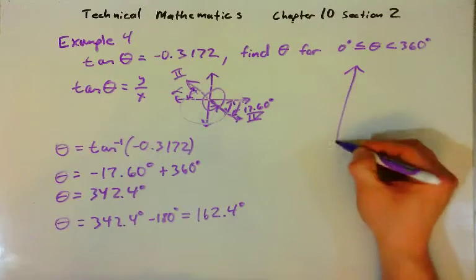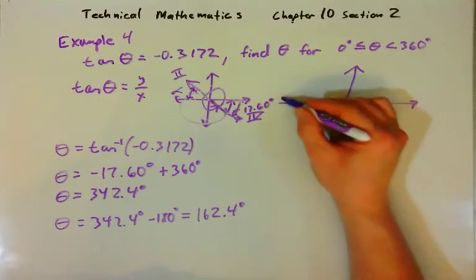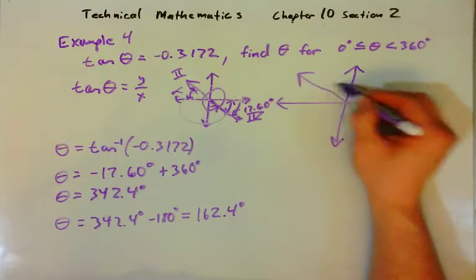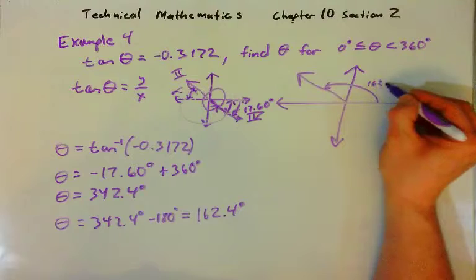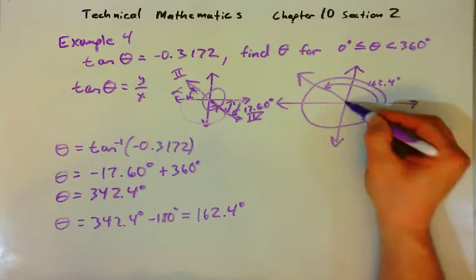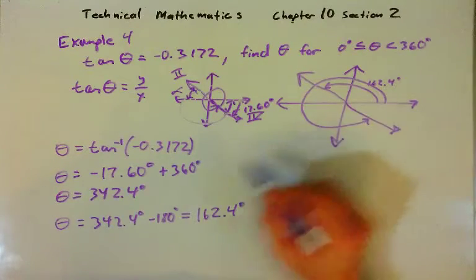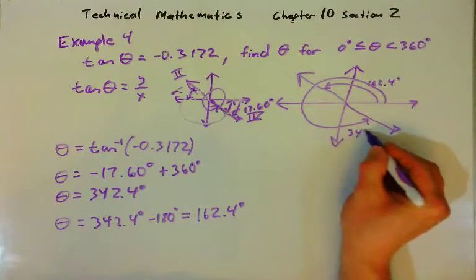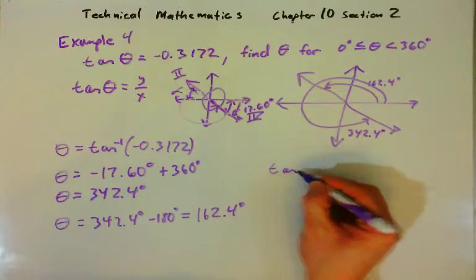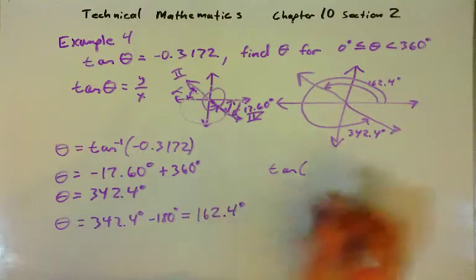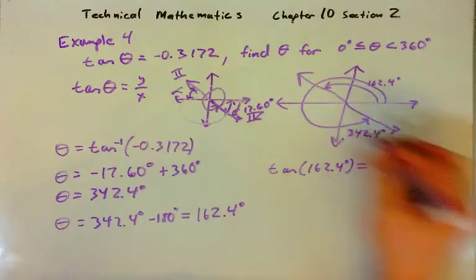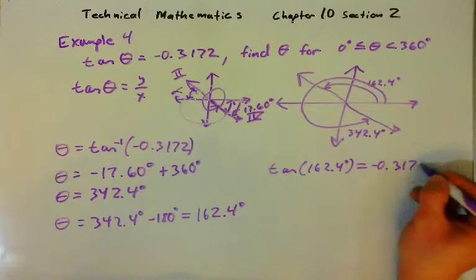Okay, so let me draw this a little better. We have two answers. We have 162.4 degrees, and we also have 342.4 degrees. So we think that the tangent of 162.4 should be equal to negative 0.3172.